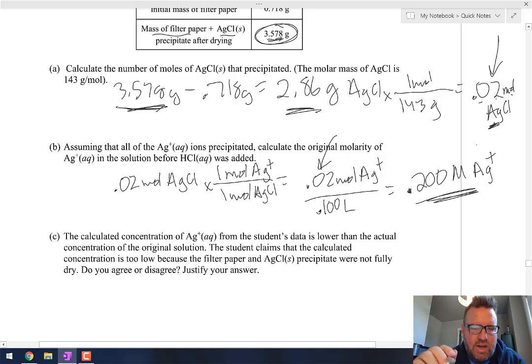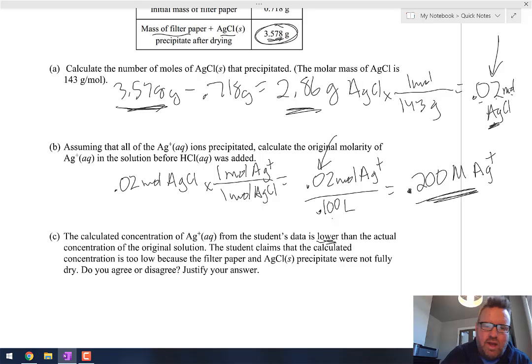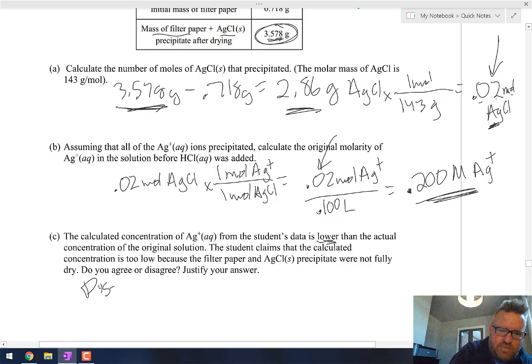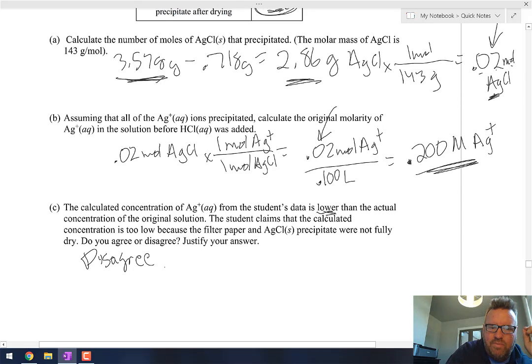Okay, is that what happened? It says the calculated concentration of Ag plus from the student's data is lower than the actual concentration of the solution. Okay, so do I agree or do I disagree? I disagree. And again, just explain why.